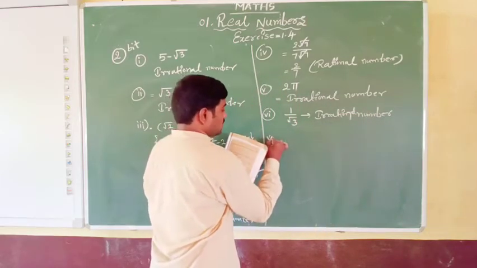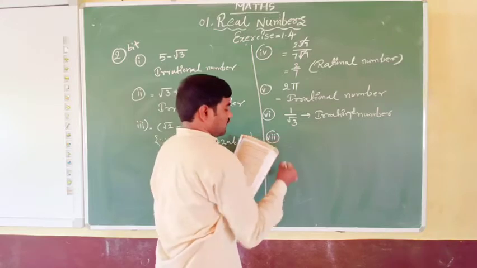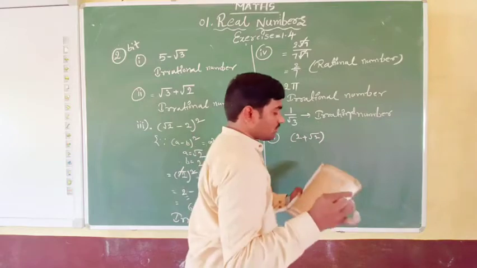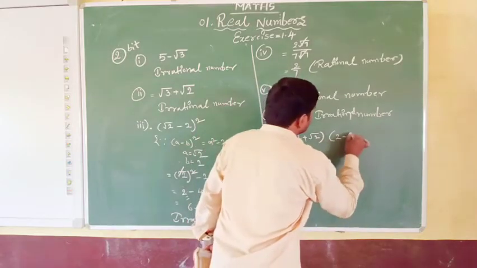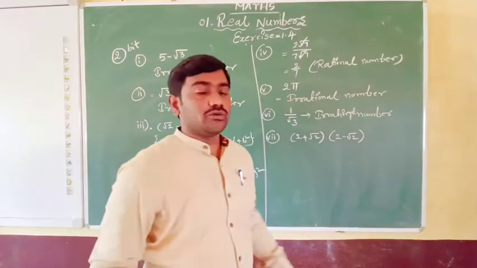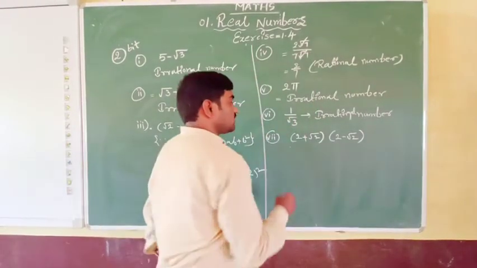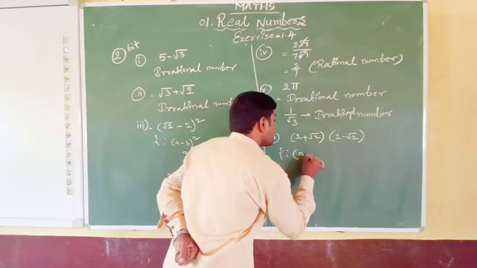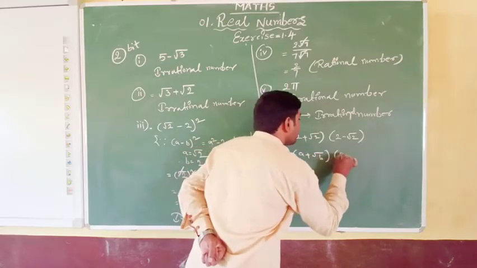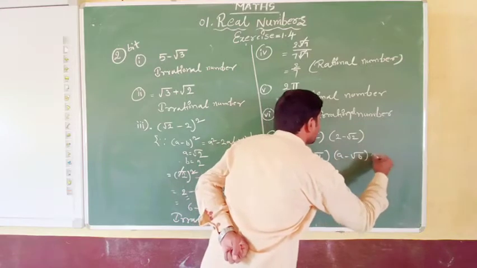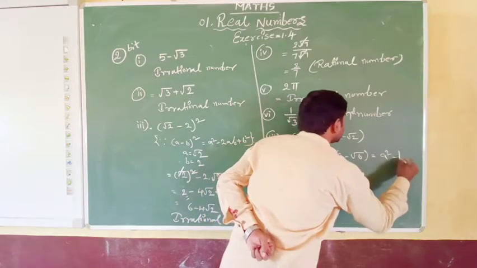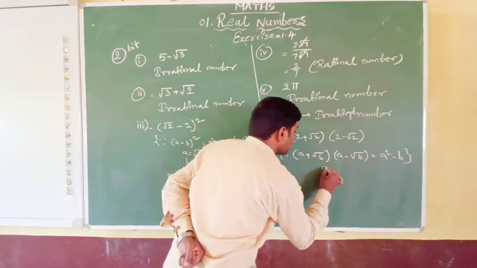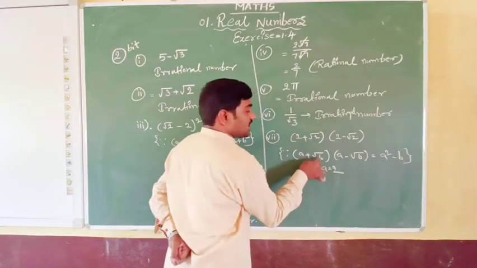Then here we go for the last one and seventh one of this bit. 2 plus root 2 of 2 minus root 2. It is in the form of a plus b into a minus b, which gives a square minus b square. But here we have the formula like a plus root b of a minus root b. The formula for this is a square minus b. Where a equals 2, and in the place of b, what is there?